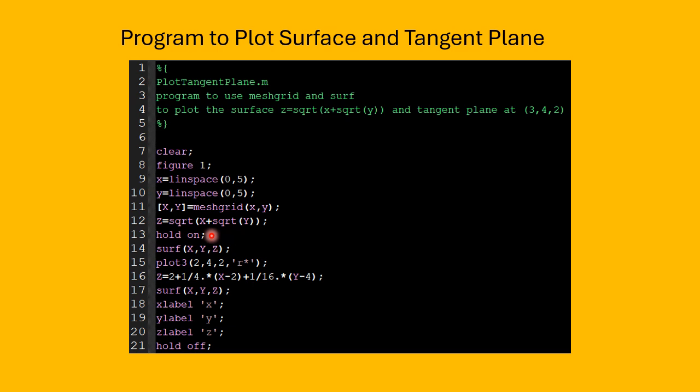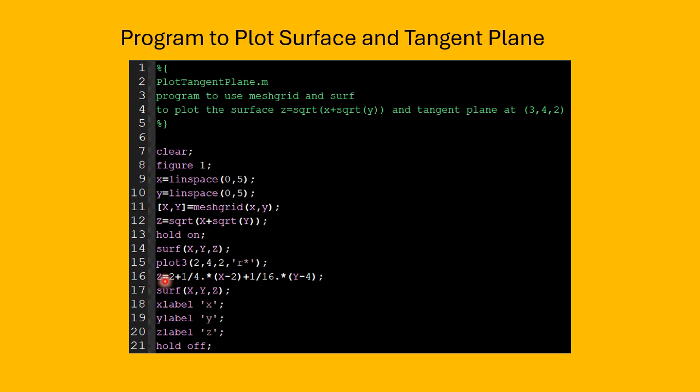We'll turn hold on and we'll draw the surface x, y, z, defined by this equation right here. And then we will plot the point 2, 4, 2 as a red asterisk. That's going to plot the point of tangency.